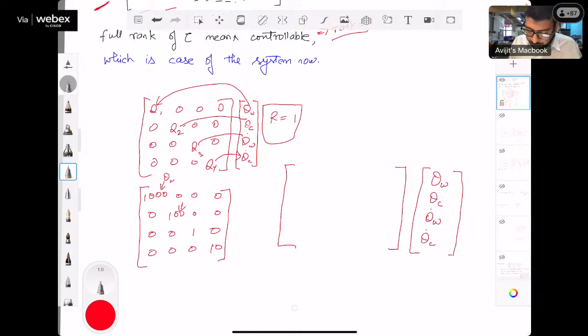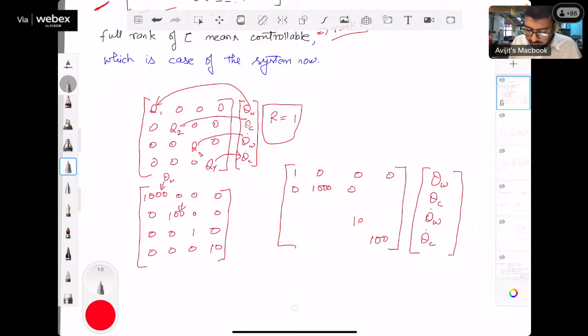Theta C. We'll put that as, let's say, 1000. After theta C, the most favorite is theta C dot. Then theta W dot. And then theta W.